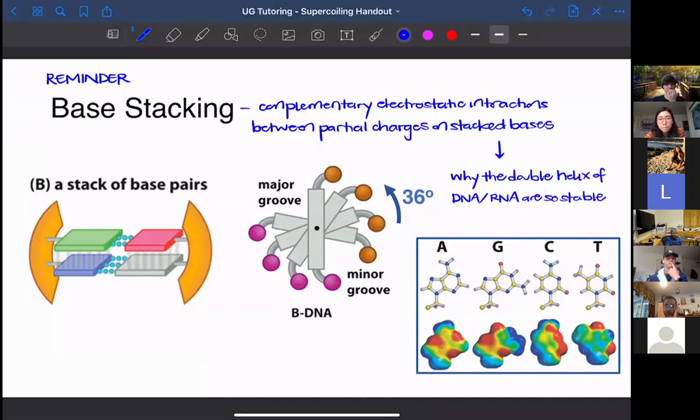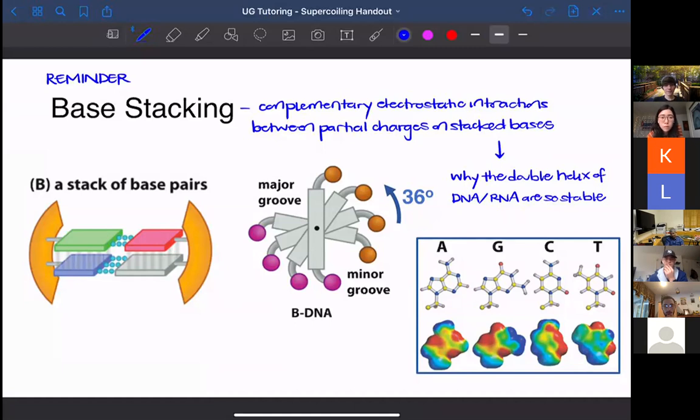Okay. So the first two slides that I had are just for background. I might have to go over them pretty quickly, but keep in mind that a lot of what comes into supercoiling, especially what happens with the twist and the writhe later on, is because of base stacking.